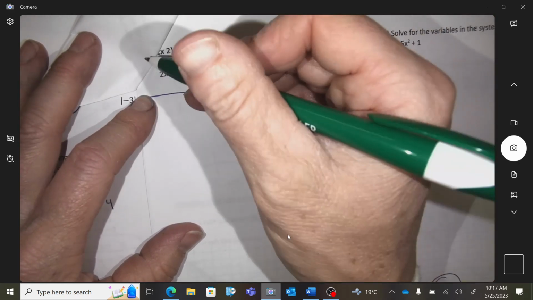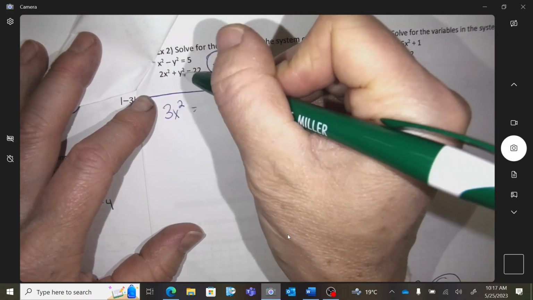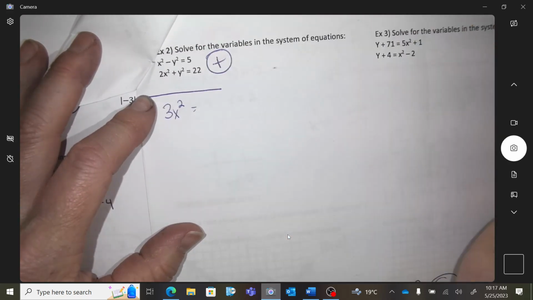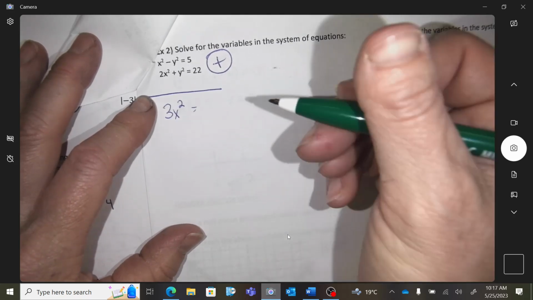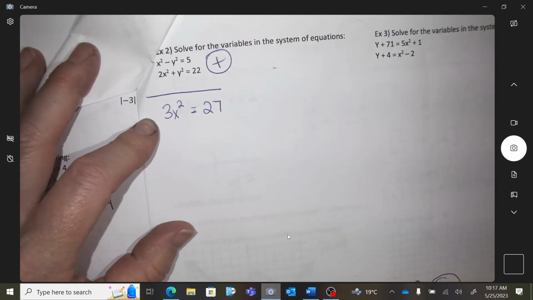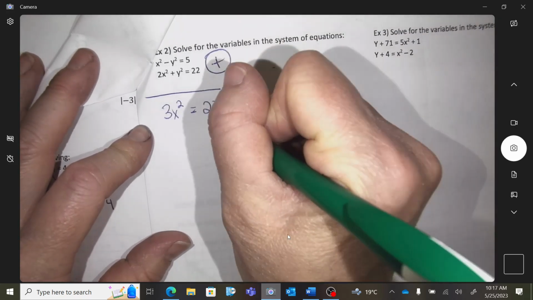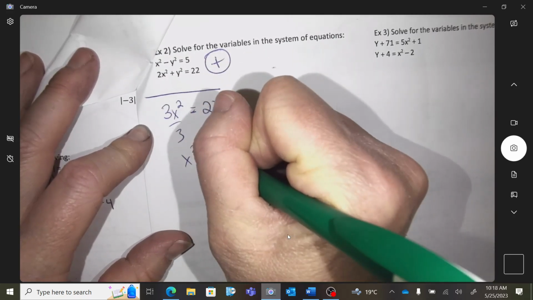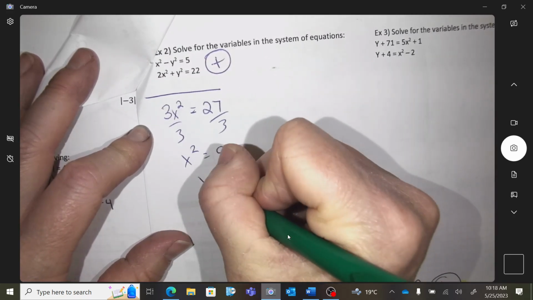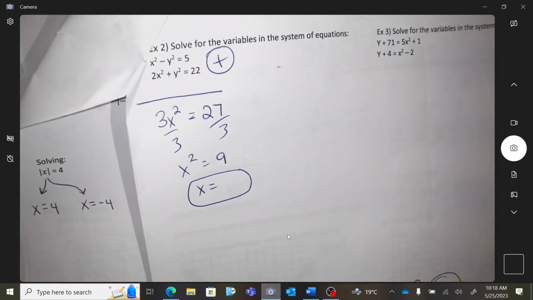So if I add these lines, I get 3x squared. Y squareds are gone, which is part of why it's called elimination. And then the numbers make 27. Okay, algebra, divide by 3. X equals, how many of you are going to get this correct?